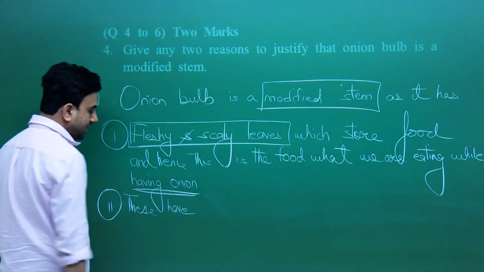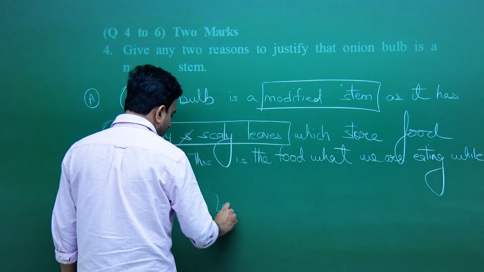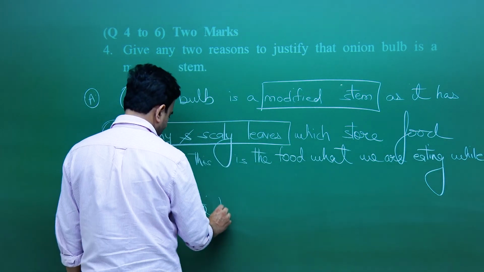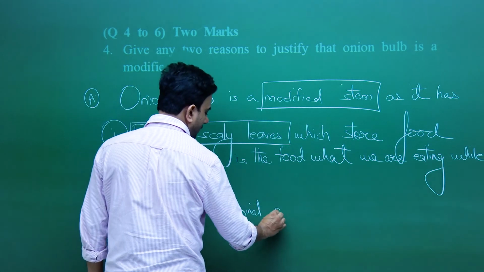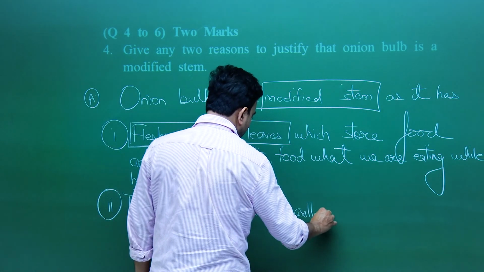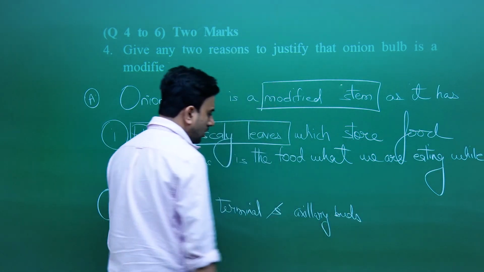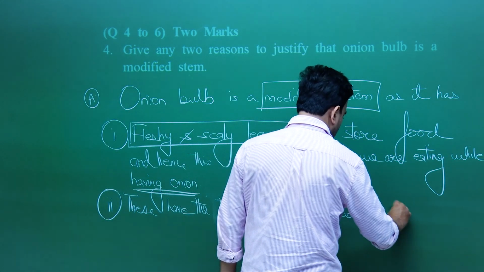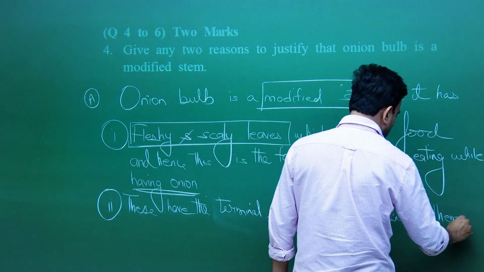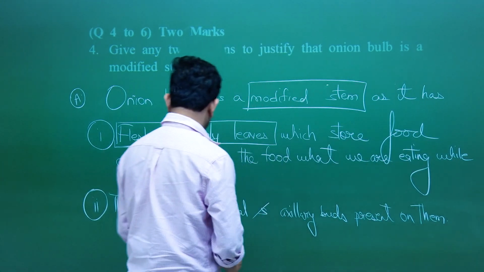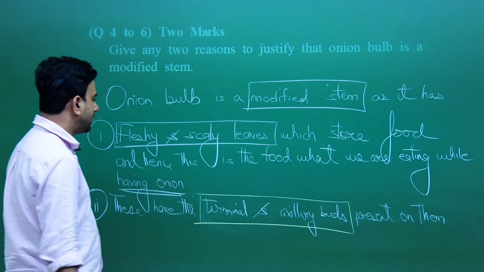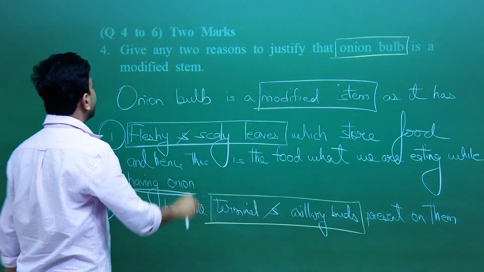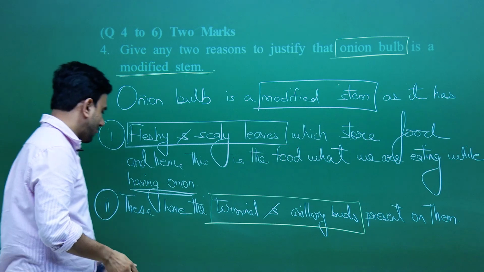And the second reason which we can give for this is that these have the terminal and axillary buds present on them, and that is why we said that yes, onion bulb is a modified stem, okay.